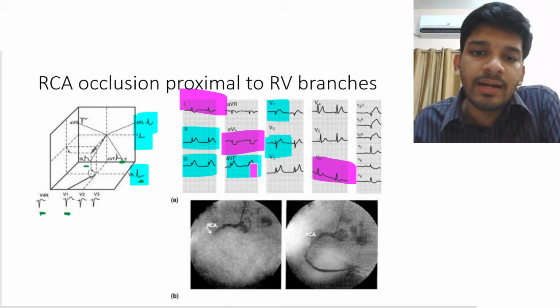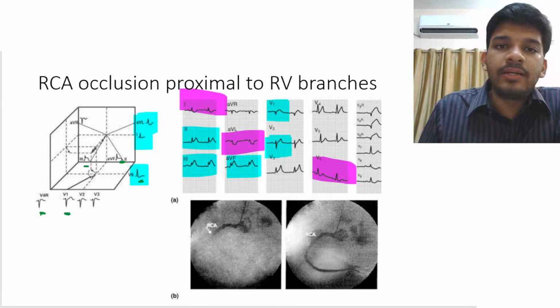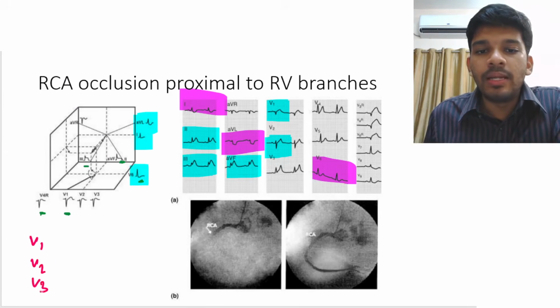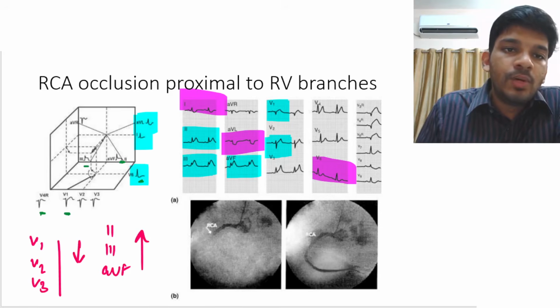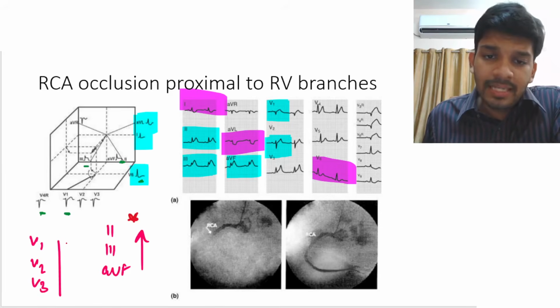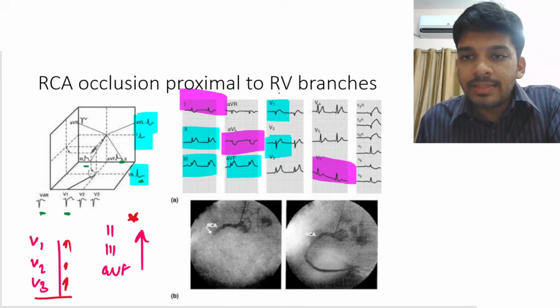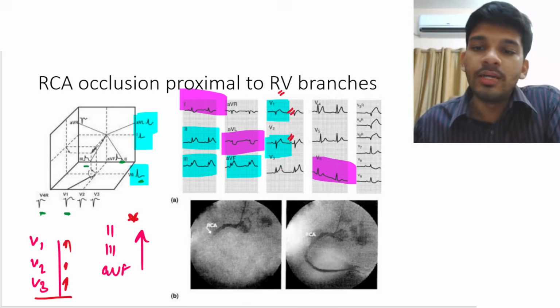In other cases, you expect that if 2, 3 and aVF have ST elevation, the precordial leads V1, V2, V3 will have ST depression. But if you are seeing an ECG with predominant inferior lead ST elevations, but V1, V2, V3 have slight ST segment elevations or are isoelectric, that means it is towards the right side. That indicates some right ventricular involvement.